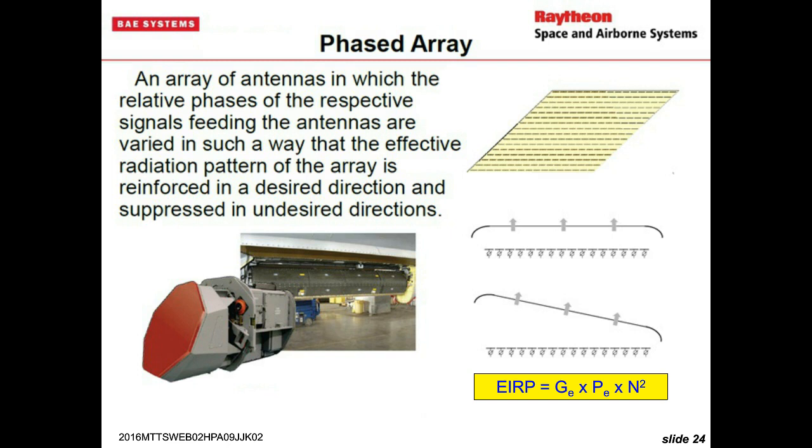So to see the power in this, let me describe just a hypothetical example. It's easy to get to 100-watt type of power amplifiers in GaN MMICs. So if you combine 100 of these, even if you have no antenna gain, you're at a 1 megawatt EIRP. That is a serious power level. At the same time, the reason that phased arrays are becoming ubiquitous is you can steer them in a desired direction and use the multi-mode capability of a phased array to do multiple functions.